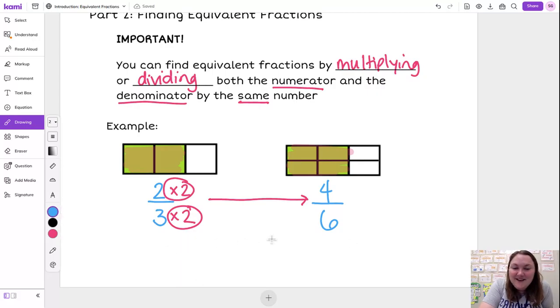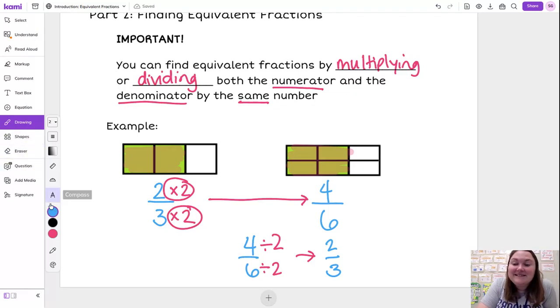If we wanted to go the other direction, so if I wanted to start with 4/6, you could also use division. I notice I can divide both those numbers by 2, and if I do that, I get the fraction 2/3.